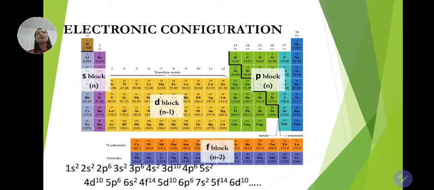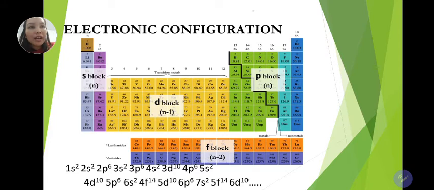Ito yung sinasabi ko kanina. Sa periodic table of elements, may representation yung S block natin, yung D block natin, P block, and F block. Ibig sabihin, etong part na to, hanggang ang last subshell niya is nasa S. Kapag gumawa tayo ng electronic configuration, for example, let's pick lithium.